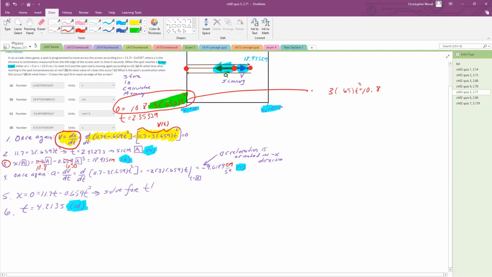So I go from here to there, and then t squared equals 10.8 divided by 3 times 0.65, and then you take the square root of that. Yep, I typed it in incorrectly. 2.353. Okay, and then I can just plug and chug from there.